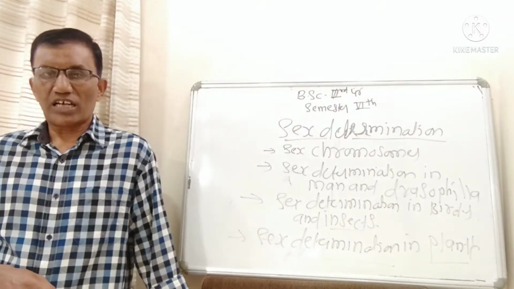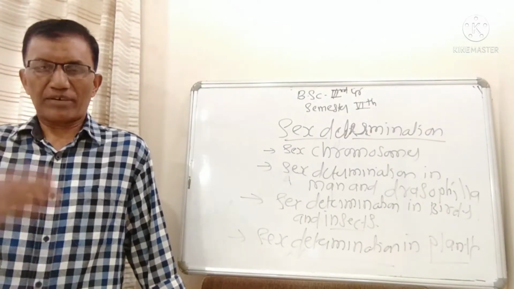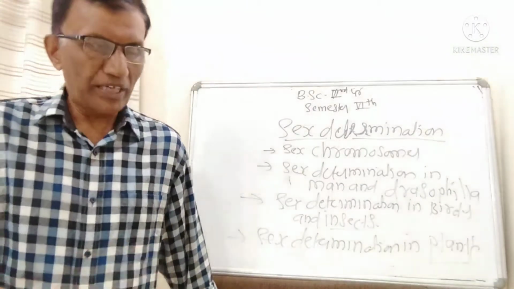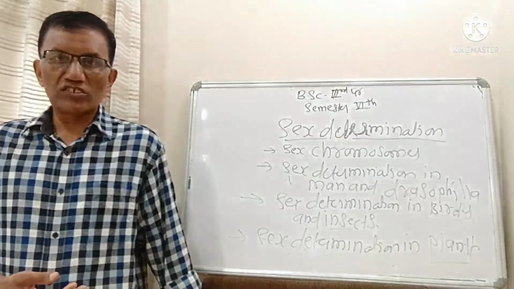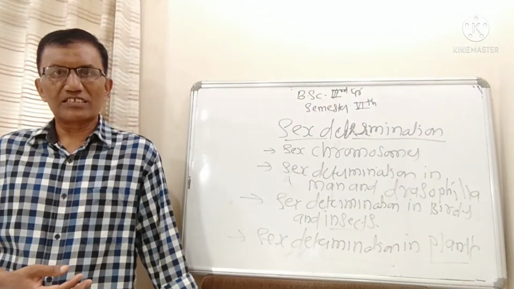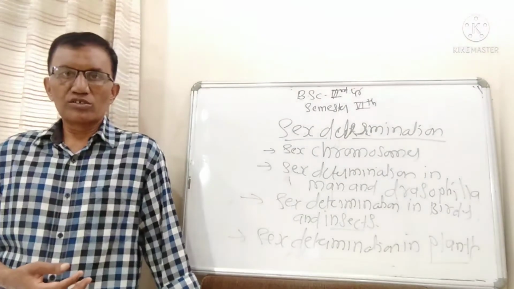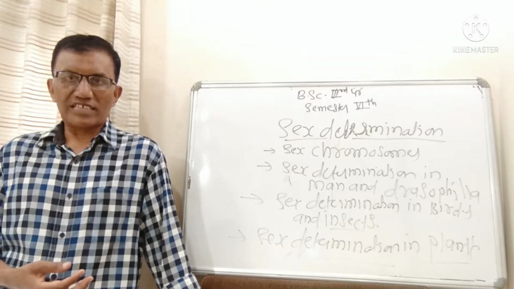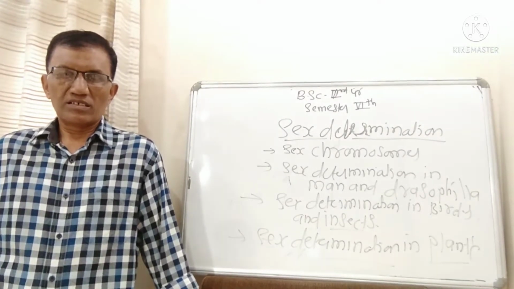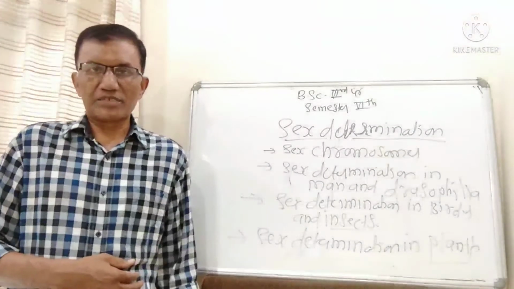If the individual has autosomes along with a pair of X chromosomes, then that individual will be female. Chromosomal theory of sex determination.